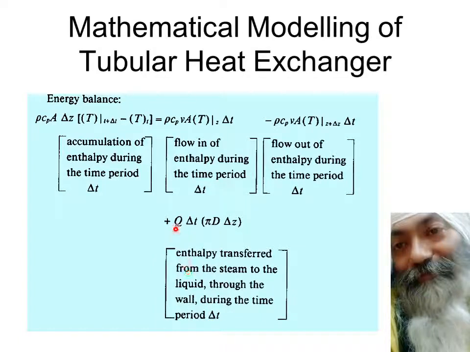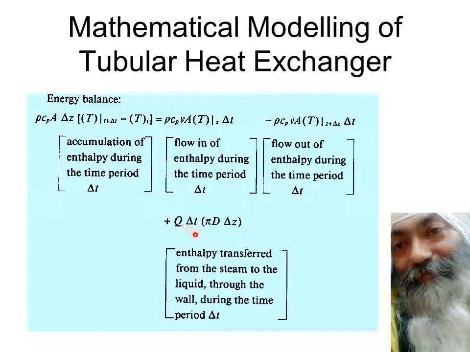And ultimately we will be replacing this Q by the equation which we had studied earlier, taking into account that the factor of A we have already taken. So this is not to be multiplied by A once again, it's already been multiplied by A over here. That's the only difference, otherwise you will have to go in for the same equation.